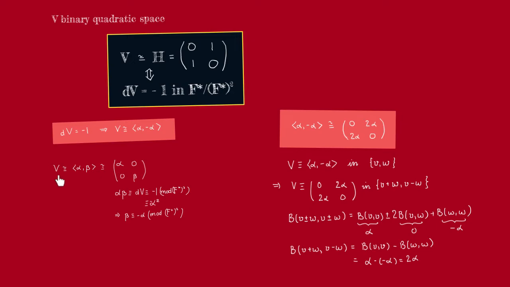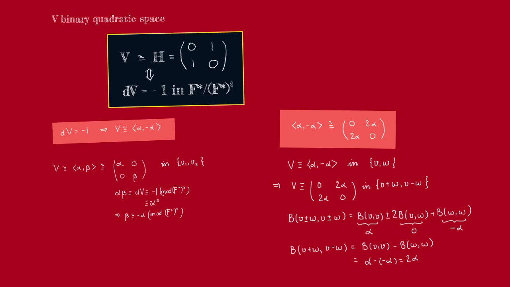Now, because V is a quadratic space, we know that in some basis, V is going to be isometric to a space like this. That means that the Gram matrix of V is of this form. But remember that this alpha and beta are only defined up to a square in F star. Why is that? Let's say V is isometric to this in V1, V2.